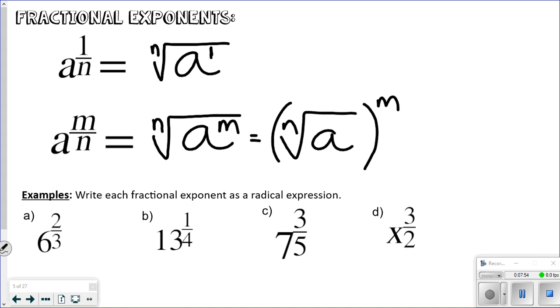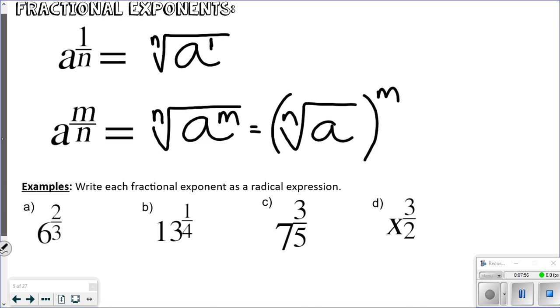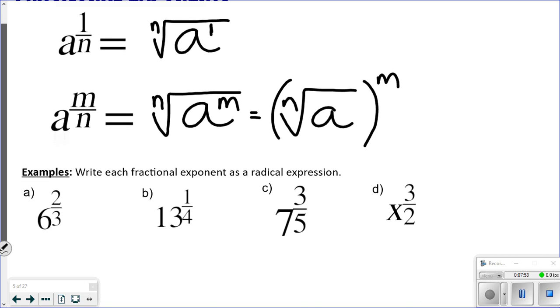Okay, so let's try to switch back and forth between these two. We're going to take our fractional exponents and we are going to write them as a radical expression. Okay, so just a reminder, we're going to start with our radical symbol. 6 is the big number, that's the base. So that goes underneath my radical, it's the radicand.